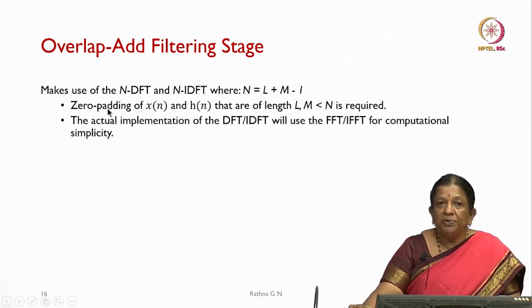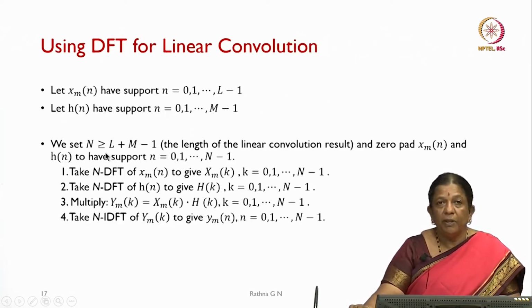And then we do the zero padding of x of n and h of n, of lengths L and M, where M is less than N is required in this case. The actual implementation of the DFT and IDFT will use the fast Fourier transform and then the inverse fast Fourier transform for computational simplicity.